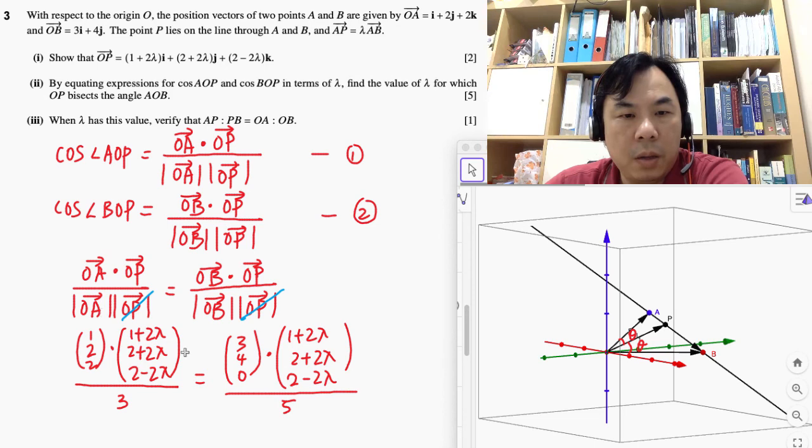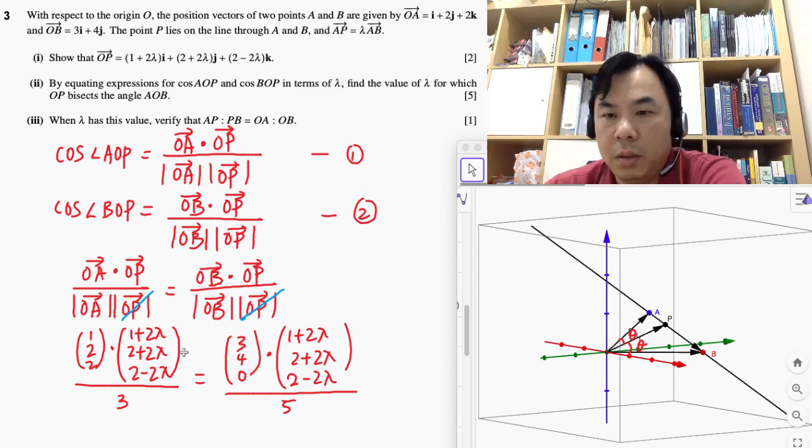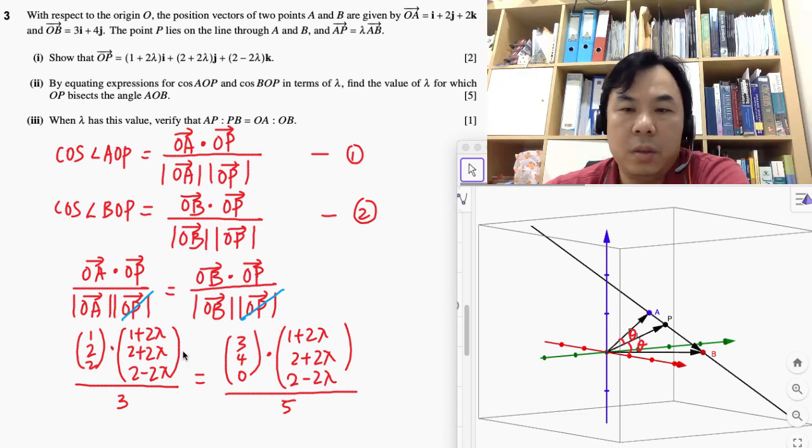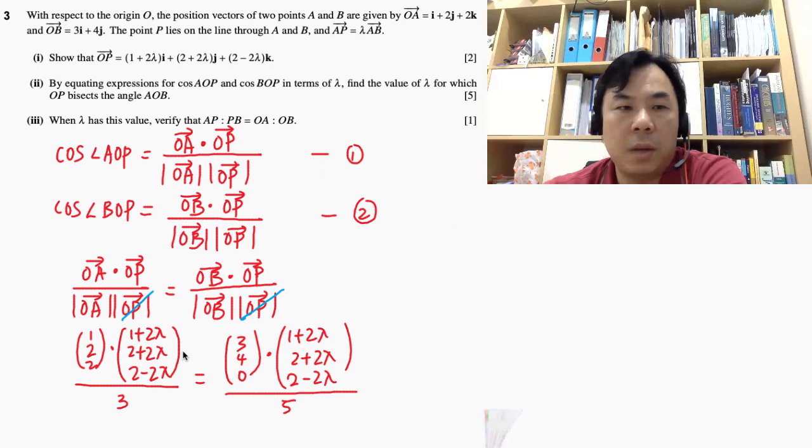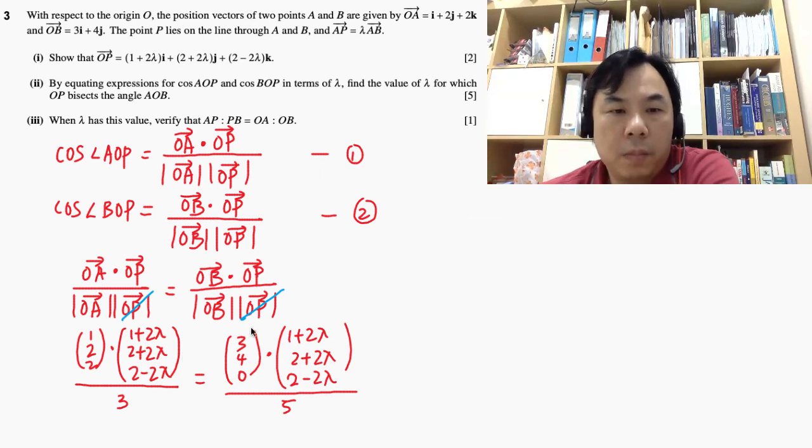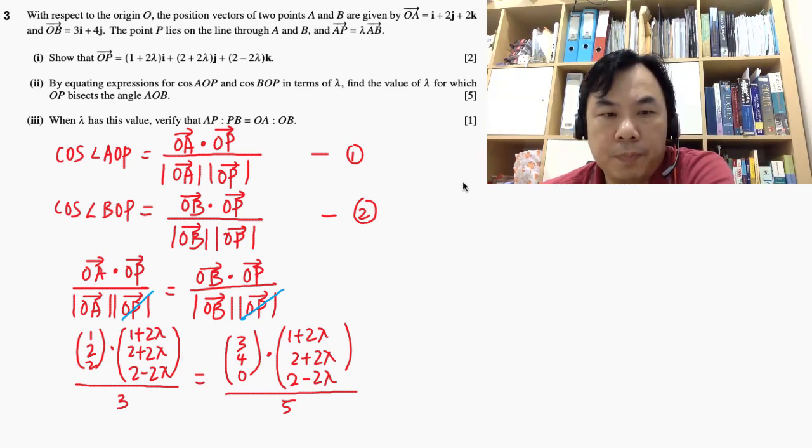All right. Now, I'm going to solve it at the side here. So in the meantime, I'm going to remove this so that we can observe how this can be done. Okay. So from here, what we have would be 1 plus 2 lambda. So I'm going to write that down.